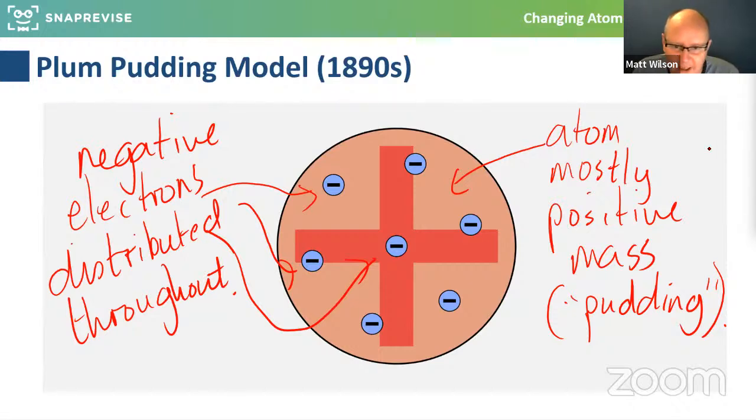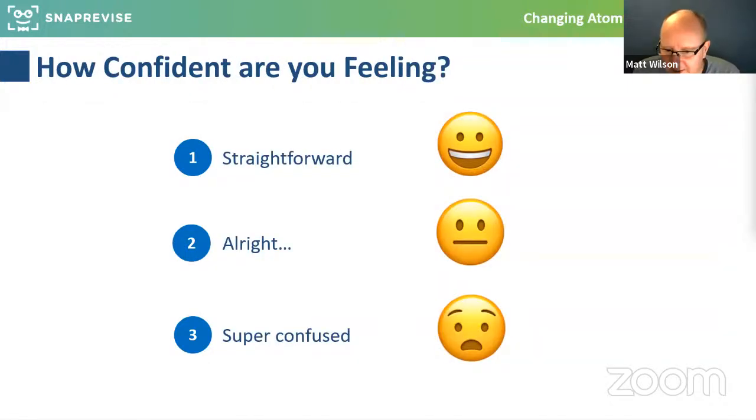So hopefully you could now describe the plum pudding model of the atom. So quick time for questions now. Does anyone have any questions about the development of the idea of the plum pudding model, taking Democritus and Leucippus' ideas of an indivisible atom, developing it further through J.J. Thomson's discovery of the electron, and his ideas that the atom was in fact a solid sphere of positive mass with electrons distributed throughout?